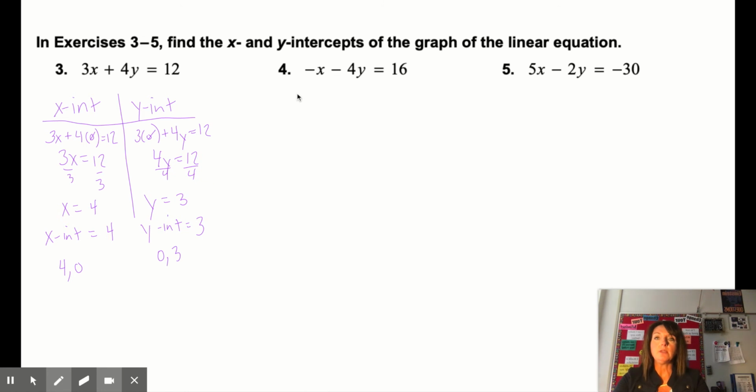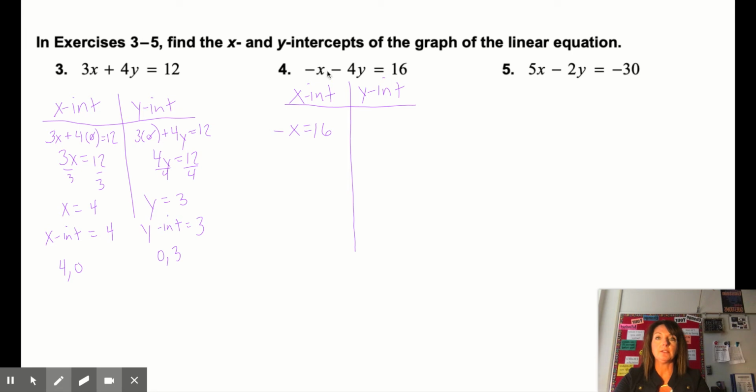All right, so we can just keep going. We can do the x-intercept, and at any time, you may pause the video and work ahead, and then try some of these on your own. So for this, I'm going to take it a step further. When I'm solving for the x-intercept, the y is 0, so this disappears. I could get to the point where I'm literally just solving that half of the equation, right?